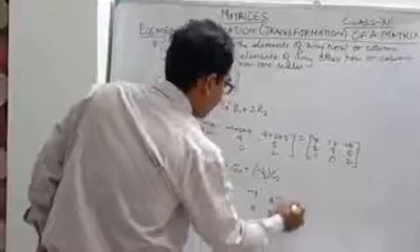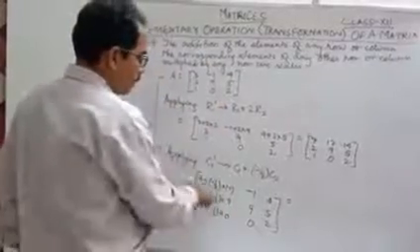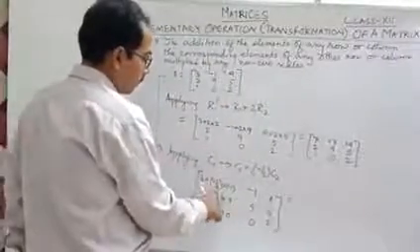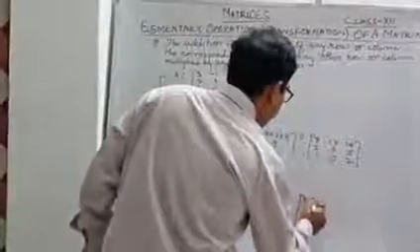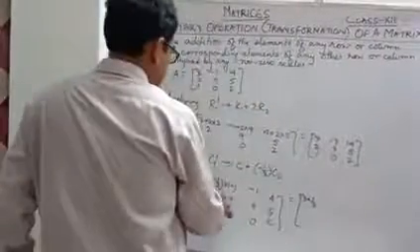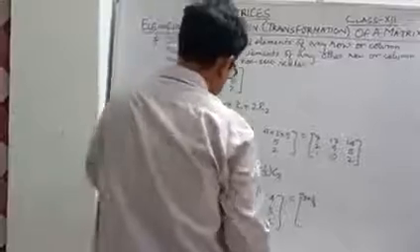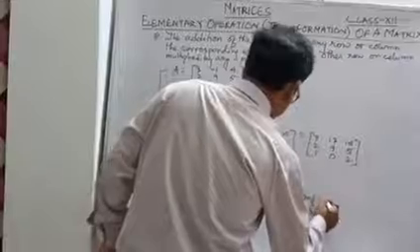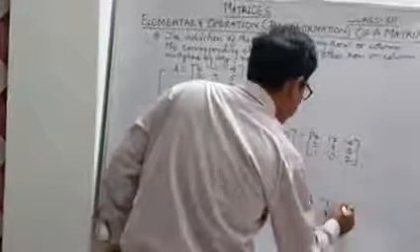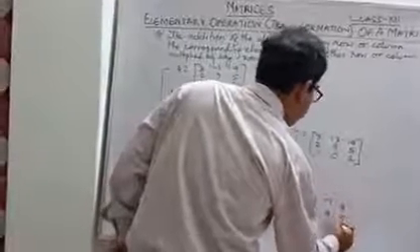So what you are getting: 3 plus 1 by 3, 3 plus 1 by 3, correct? Here 2 minus 3, and here 1.